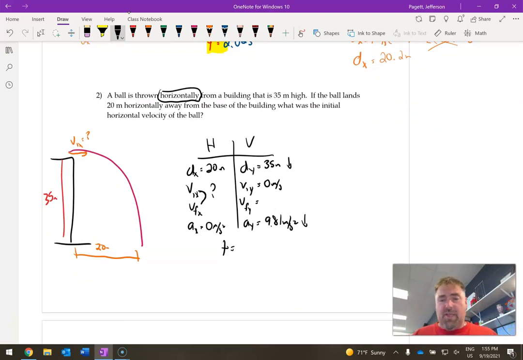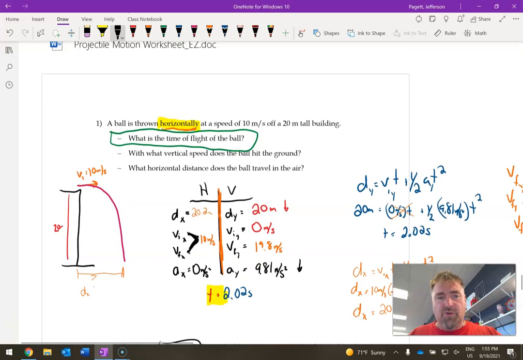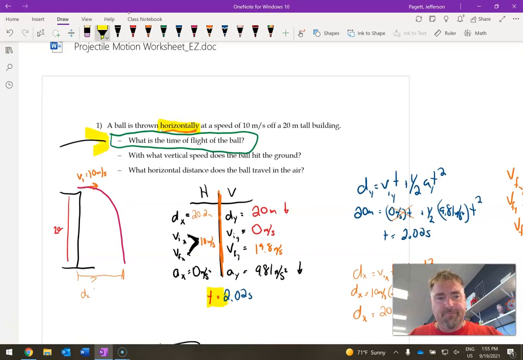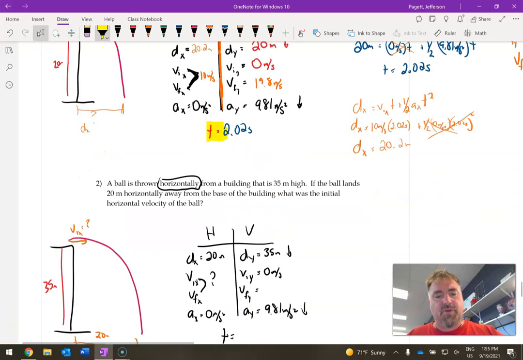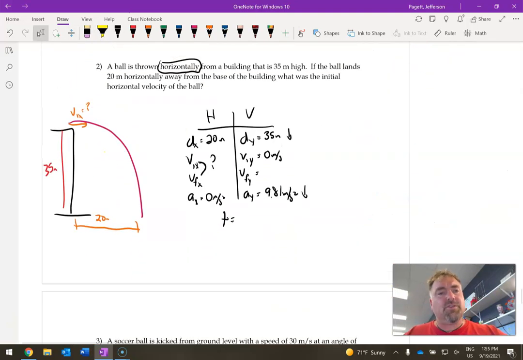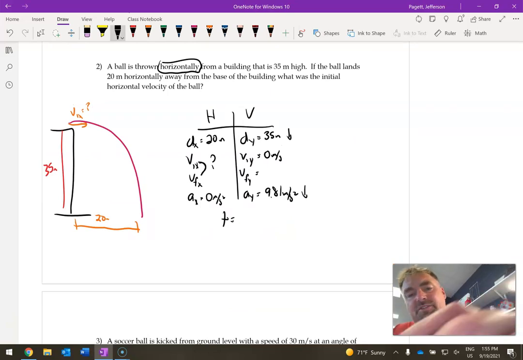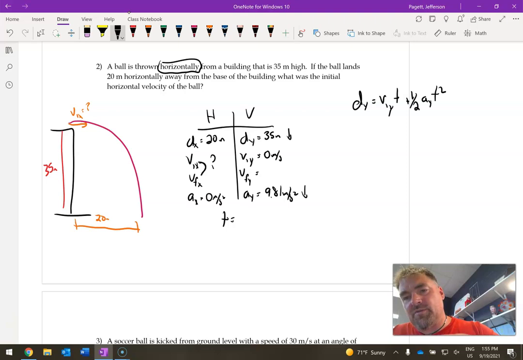All right, so again, going back to our rule of thumb, if you don't know time, that should always be the first thing you solve for. So let's go back to our problem. We don't know time, so let's go solve for time. Let's use the vertical side, dy equals VIY times t, plus 1/2 AY t squared.